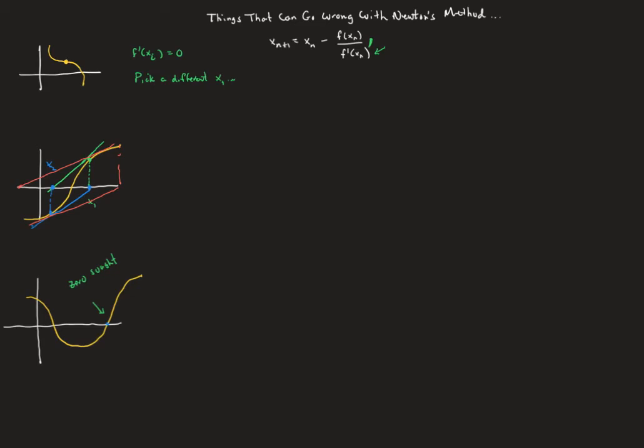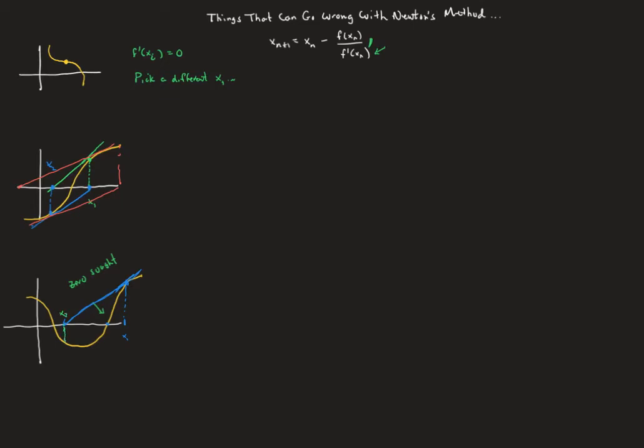But we'll make our first guess and say we go right here, that's going to be our x1. So we come up to the curve right here. We find our tangent line, and we extend that over to where it crosses the x-axis, and that's going to be right here. And so this is now our x2.